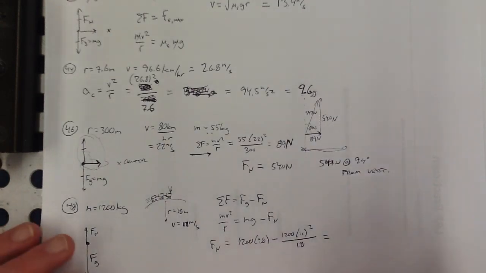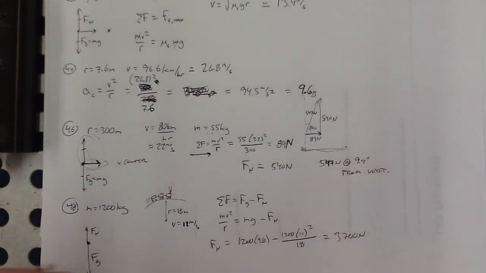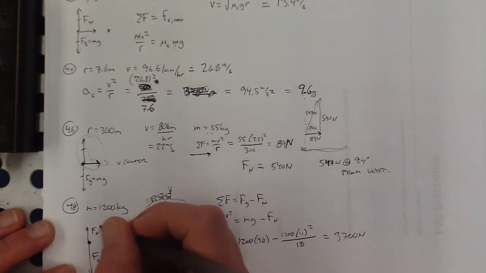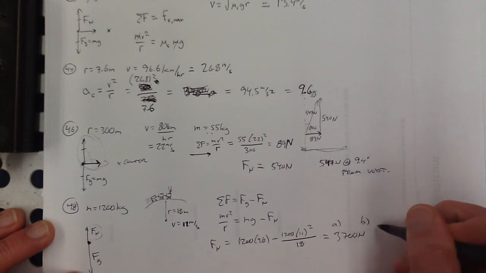And with two sig figs, it's 3,700 newtons, that normal force. And they want to know the direction, up or down, of the normal force on the car from the track. On the car from the track is up. So this is A, B is up.